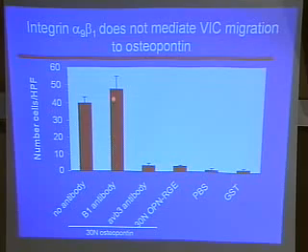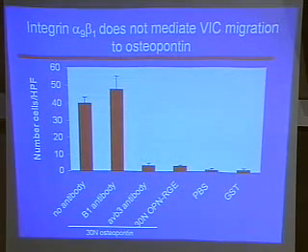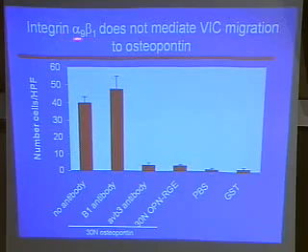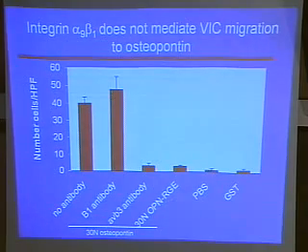However, in the presence of the beta-1 antibody, they were still able to migrate, whereas the alpha-V beta-3 antibody completely knocked out migration. In addition, they were able to migrate to the 30N mutated fragment, which indicates that the integrin alpha-9 beta-1 does not mediate the migration of these cells to osteopontin.